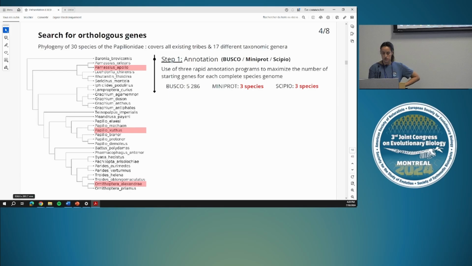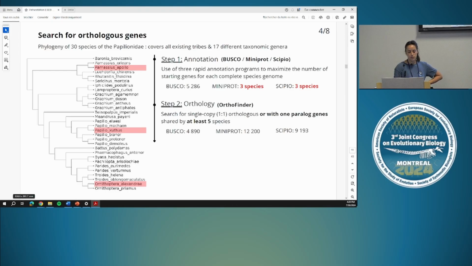On these genomes, I carried out the first annotation step using 3 different programs. Busco, which uses a library of 5286 Lepidoptera genes, and Miniprot and Scipio, to which I supplied as reference the complete protein sequences of three different species.